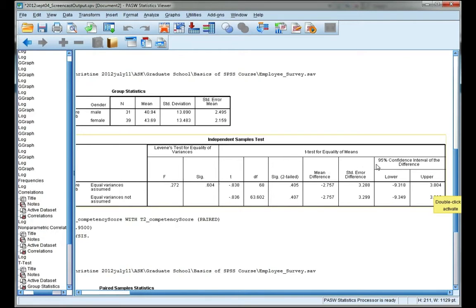I can be 95% confident that the actual difference of the mean competency for males and females is between minus 9 and 3. That means that sometimes the men will have a smaller competency score than women, and there's also a chance that the men could have a higher competency score, which is why we cannot say that there's a significant difference, because there's a chance it can go either way.